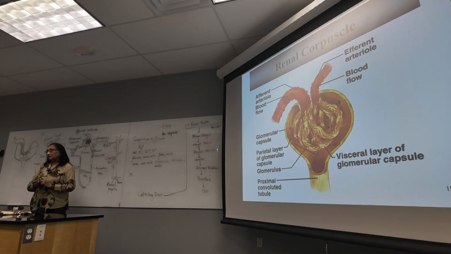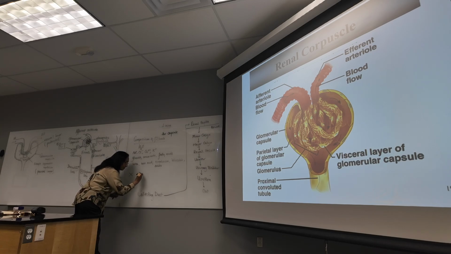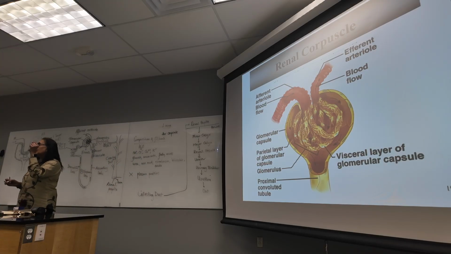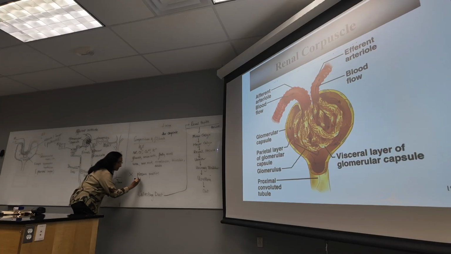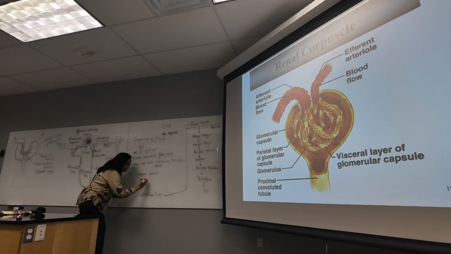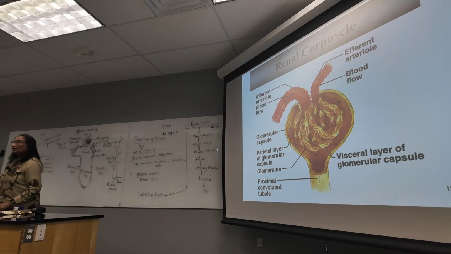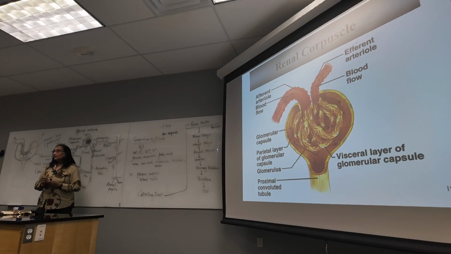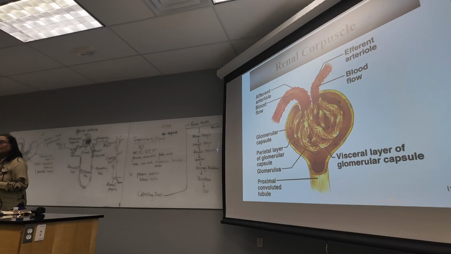Things that cannot be filtered. Most important, plasma proteins. They cannot come out. Even albumin is big, so it cannot come out through those tiny openings. Blood cells, red blood cells, white blood cells, platelets don't escape out. Anything that's dissolved in the plasma can come out, but larger cells and plasma proteins do not.